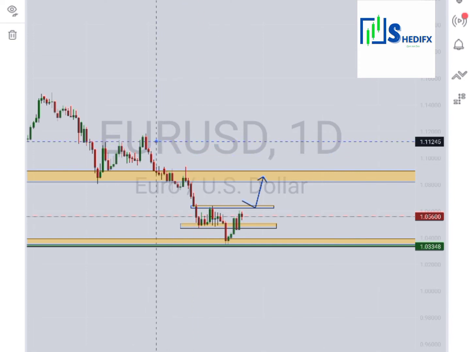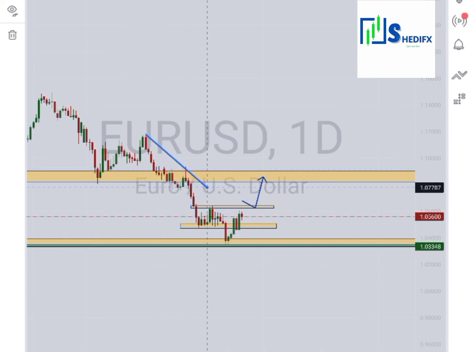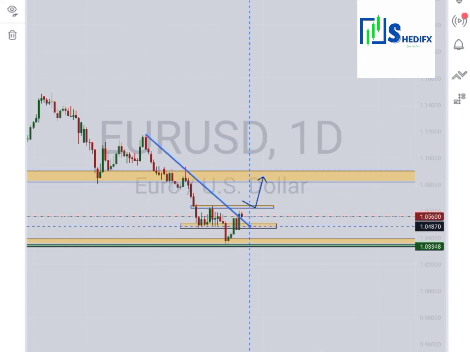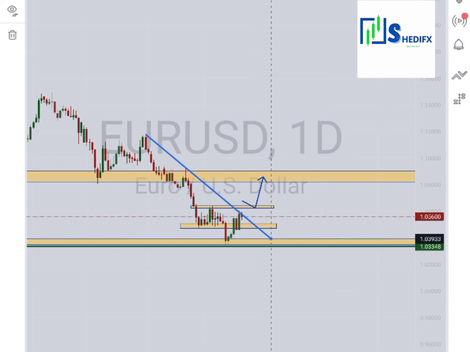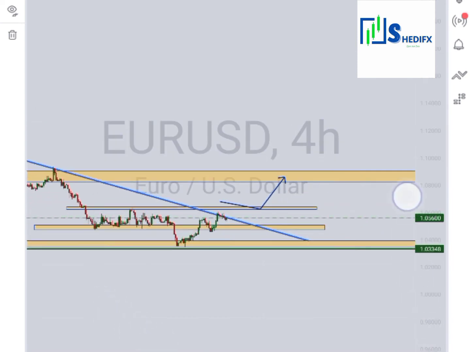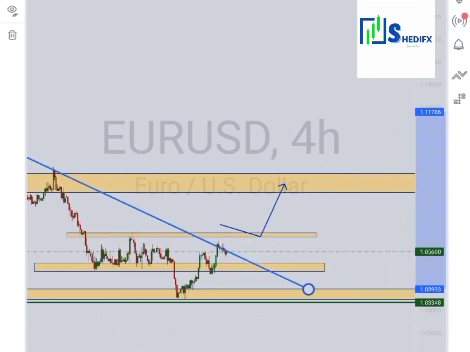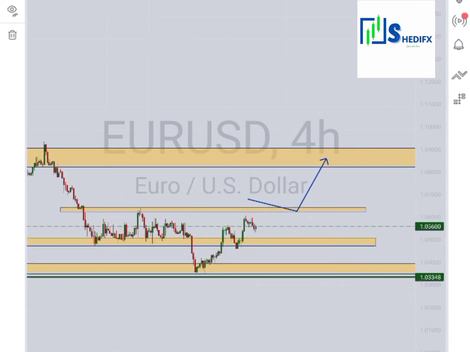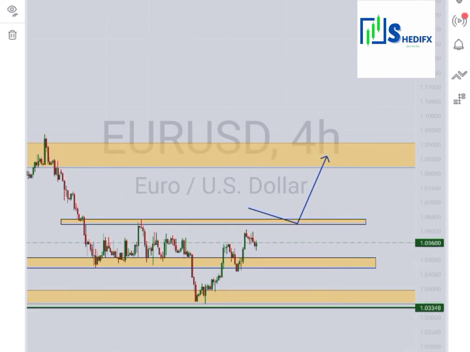So even if I take a trend line from here, then we should be anticipating the breakout and the retest. And then we say, currently the market is lying on our trend line. So we have a break of market structure right here. The market retested on it.